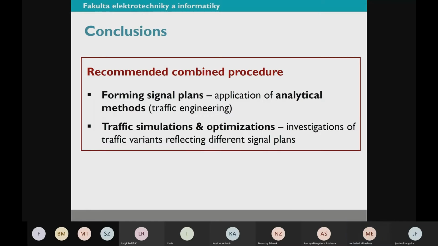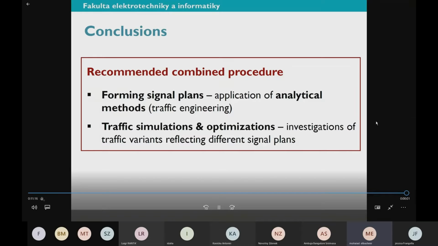And second, those plans are then verified or their application investigated using traffic simulations. And then those variants are evaluated and recommendations are published. Okay. Thank you for your attention, and if you have some questions, I would be happy to answer them.